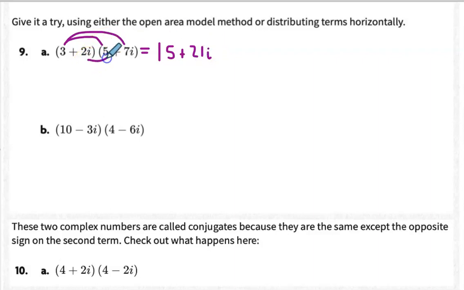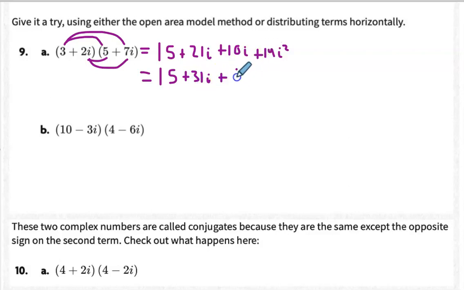Right, and then I do it with the 2i. So 2i times 5 is 10i. And 2i times 7. This one's a little bit different because there are two i's. So first I'm going to do 2 times 7 is 14. And then i times i is just i squared. Okay, so we've got a little bit of work to do here. I'm going to bring the 15 down. I also have some like terms. 21i plus 10i is 31i.